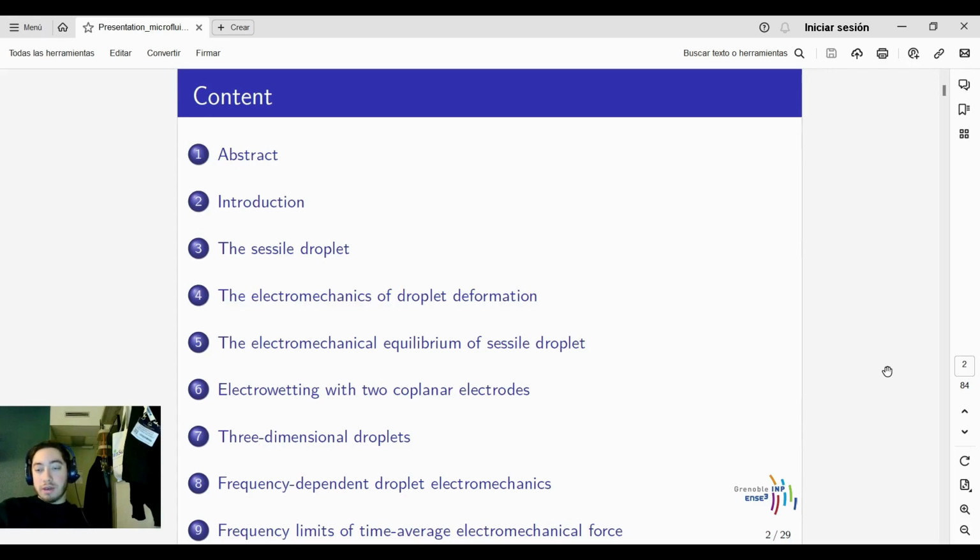We can make that assumption. Then at the end he introduces the frequency-dependent droplet electromechanics and the limits of this consideration, as we are going to see later on.